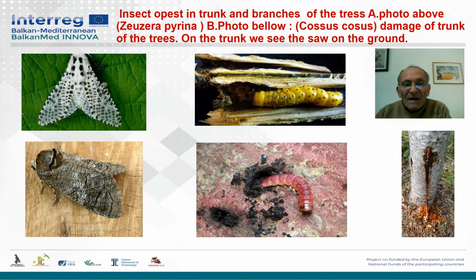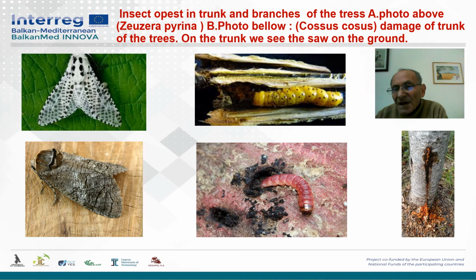We see other symptoms in the fruit trees caused by insects that damage the branches and the trunk of the trees. We see here the photo of Zeuzera pyrina, and the photo below shows damage and the adult of Cossus cossus. Zeuzera pyrina damages the branches, and Cossus cossus damages the trunk.